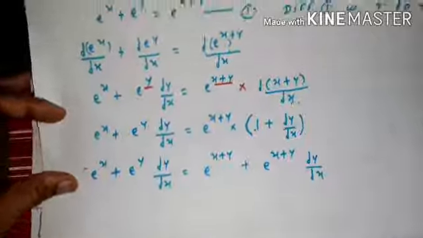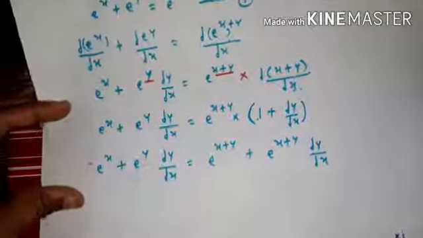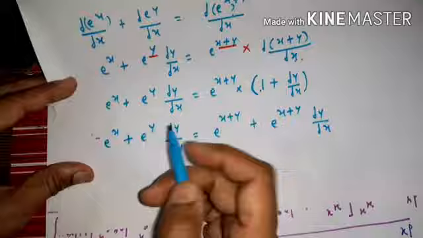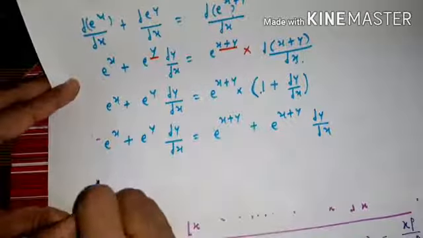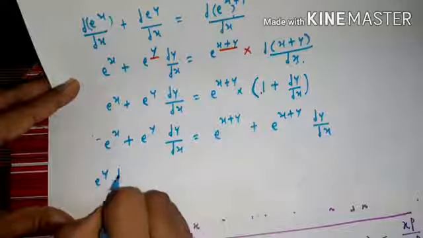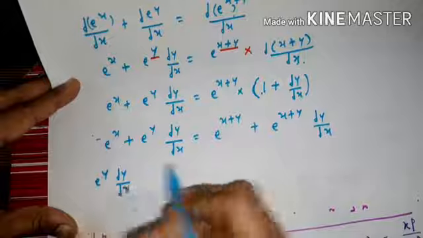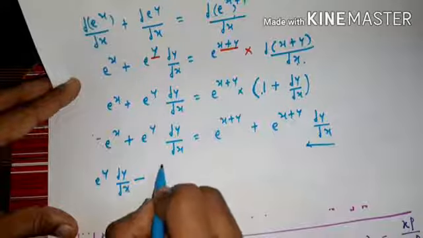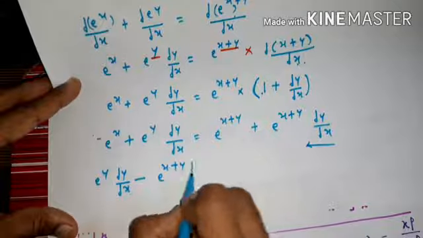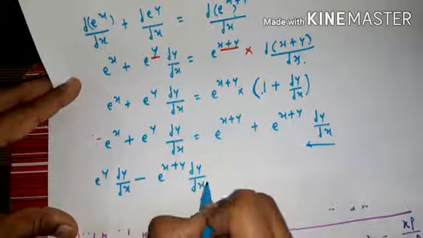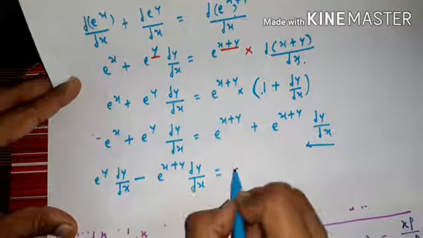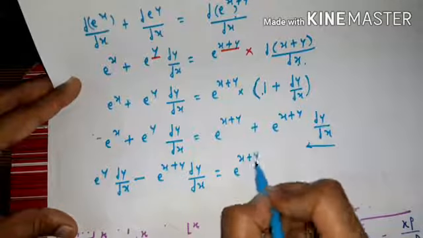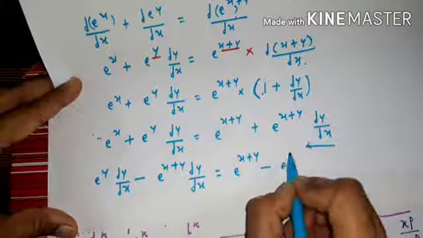That is e raised to y dy by dx, shift the term to that side, minus e raised to x plus y dy by dx equal to e raised to x plus y minus e raised to x.